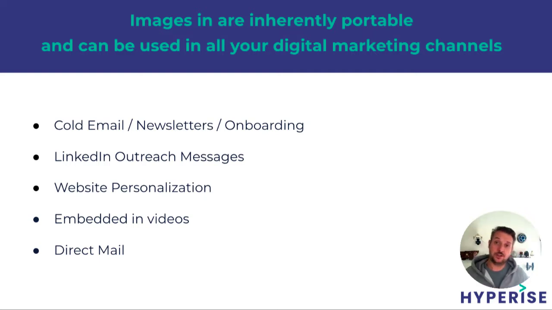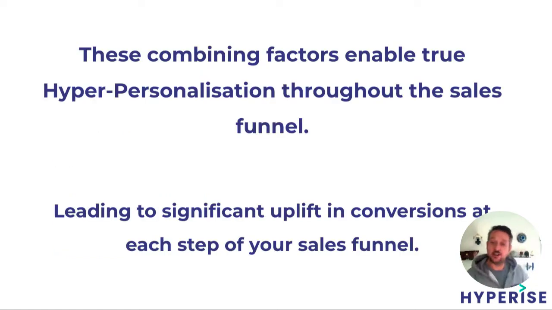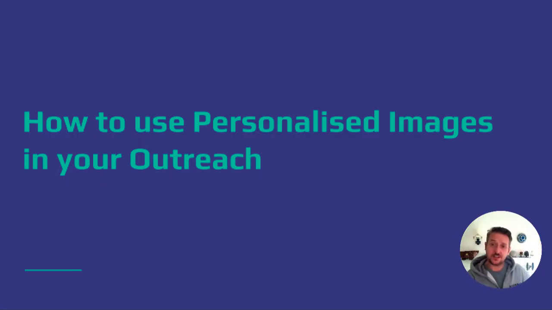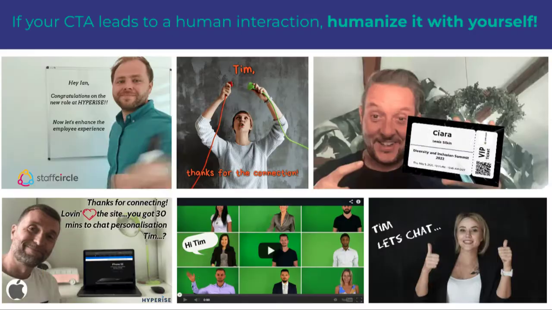Each of those is an opportunity to increase your conversion rates. And that's really where Hyperise and HubSpot combined create an incredibly powerful tool for your outreach engagement. So let's look at some of the types of images you can create to use in your outreach campaigns.